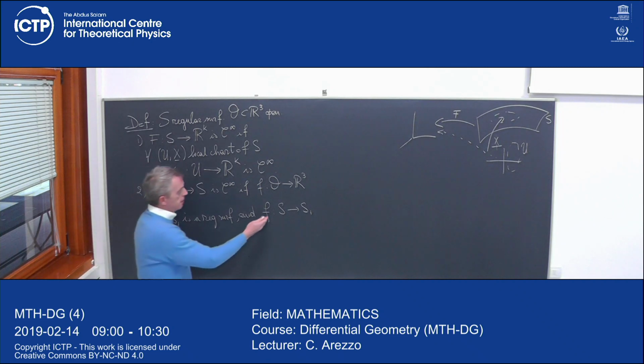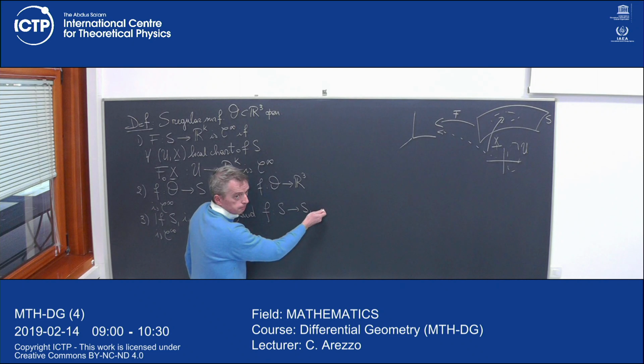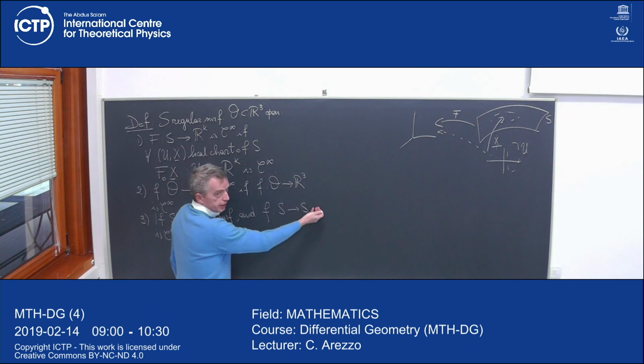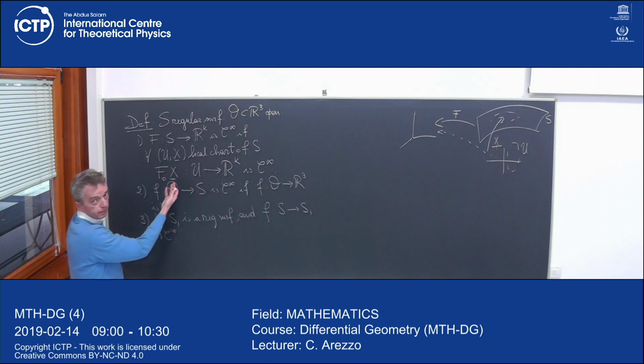Because this is a map with values in R3, in some sense I will use 2: forget S1 and replace it with R3. But then it's a map from S to R3, so I look at 1.